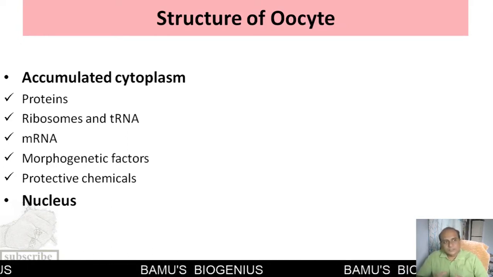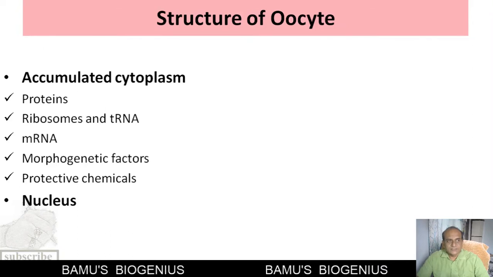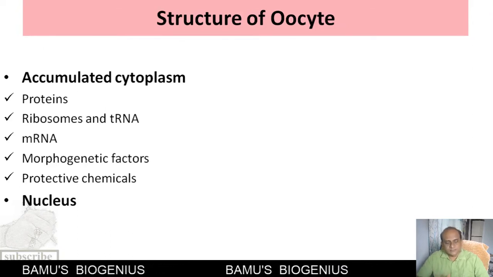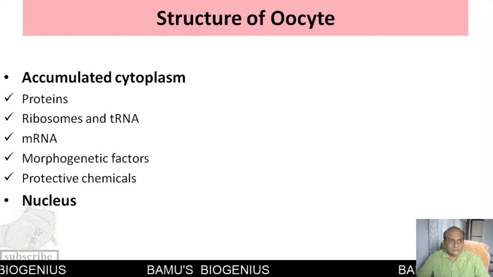Then the protective chemicals are nothing but the chemicals that are present in the cytoplasm. These protective chemicals make that particular egg unpalatable for the predators. In case of external fertilization, the eggs are laid on the ground and they are exposed to the UV radiations.